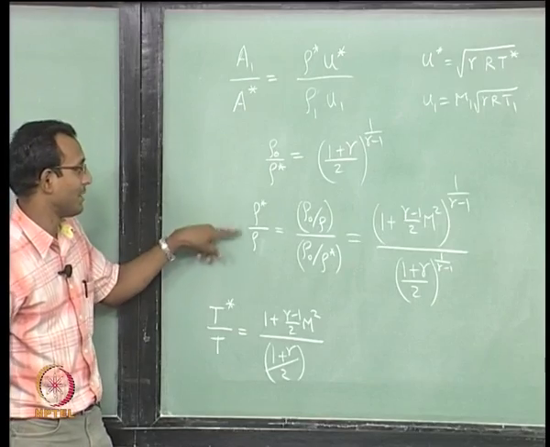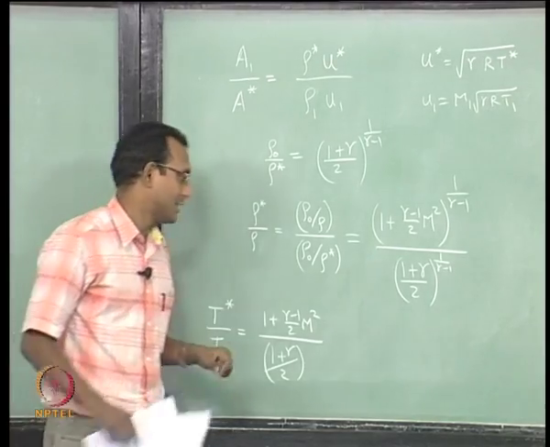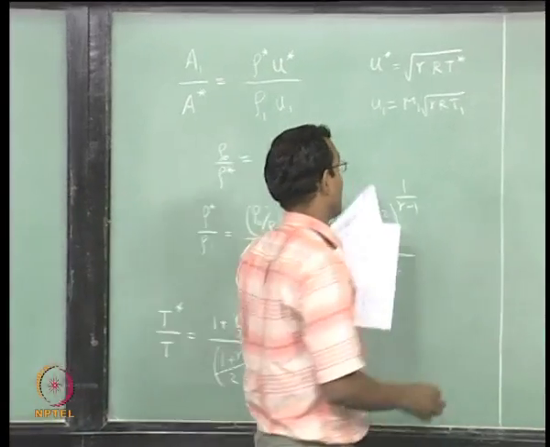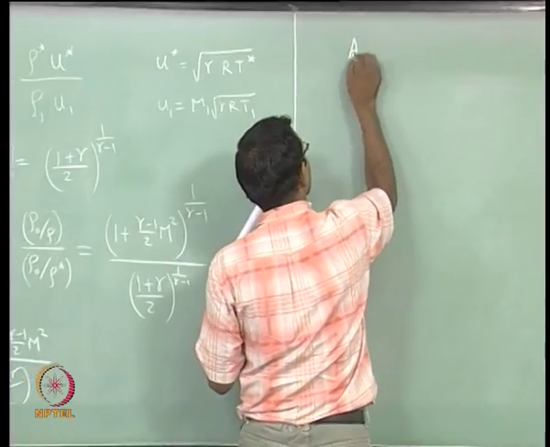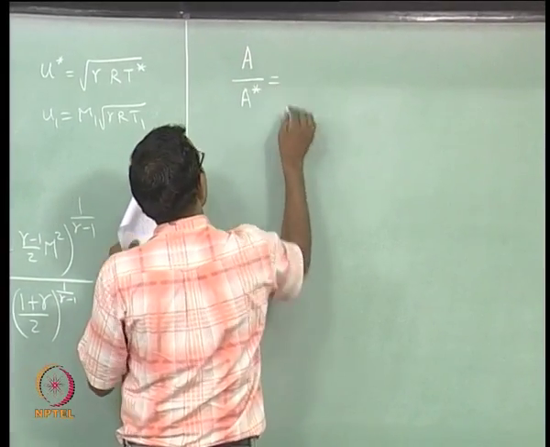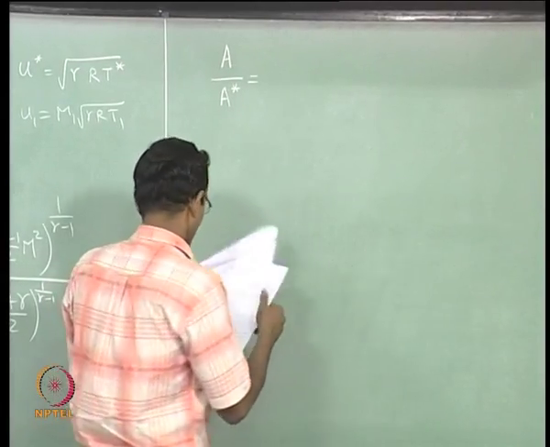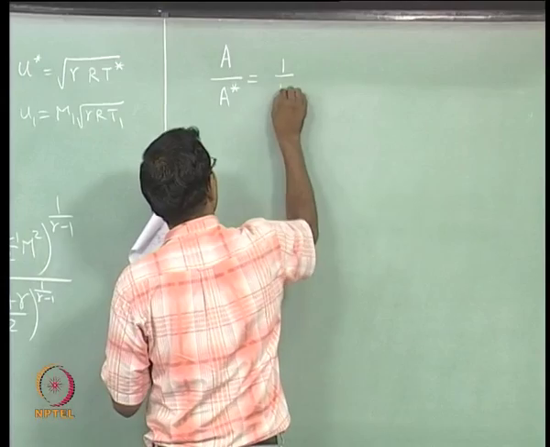In a similar form I can derive this also, not very difficult to derive, I will leave it for you to derive. Now I am writing it as a by a star instead of a1 by a star.